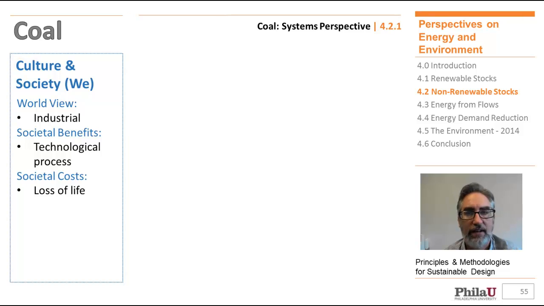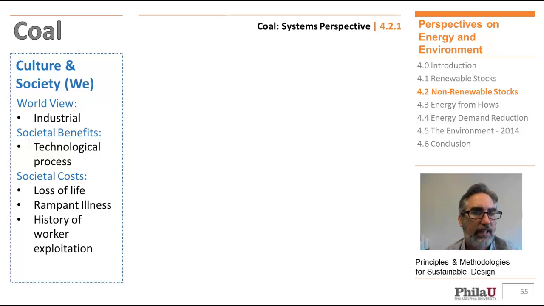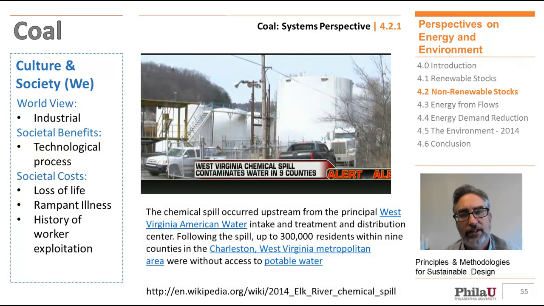Lots of loss of life all over the world. In China, Chile, U.S., we're seeing coal mine explosions where people are being hurt. Rampant illness among coal mine workers and those that live near coal mines from pollution. And we have a history of worker exploitation, at least in this country and probably in other countries, that is pretty shameful. And also the other problem with these systems of coal, it requires lots of chemicals to support that process.